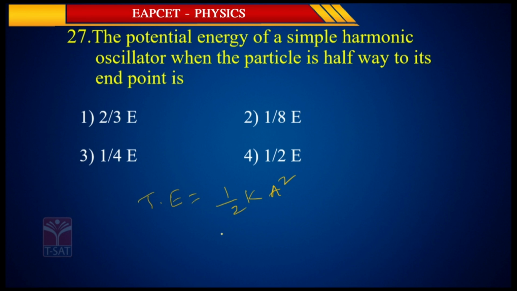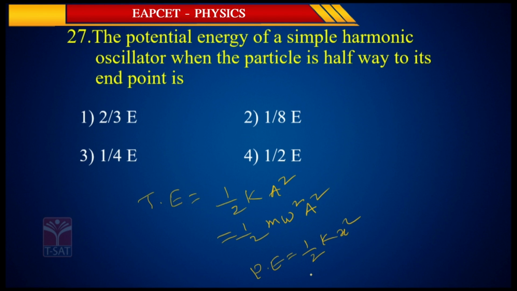You can also substitute K, so it is 1 by 2 m omega square A square. But the potential energy is 1 by 2 K x square, children. Total energy is 1 by 2 K A square. Potential energy is 1 by 2 K x square.